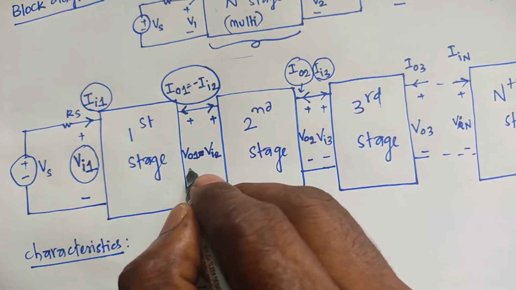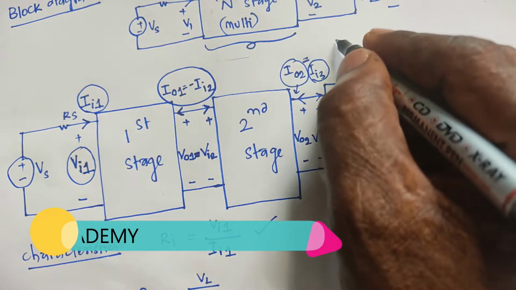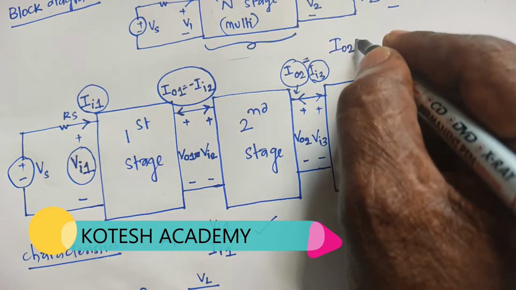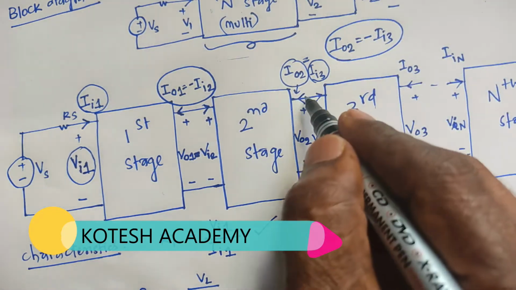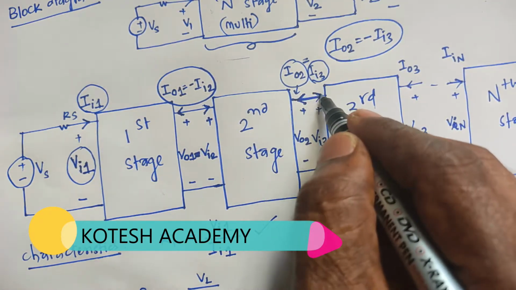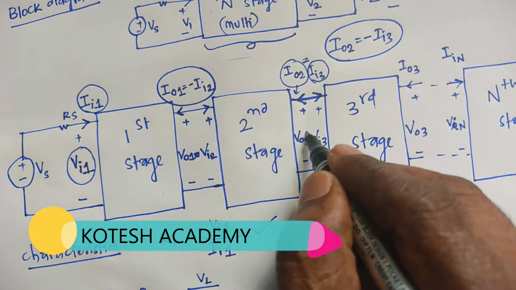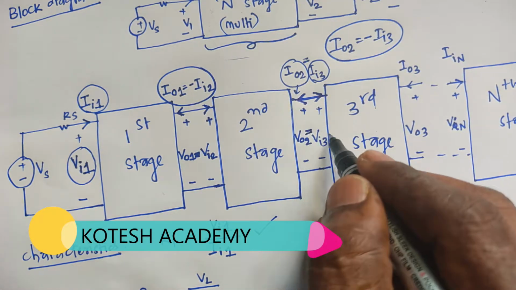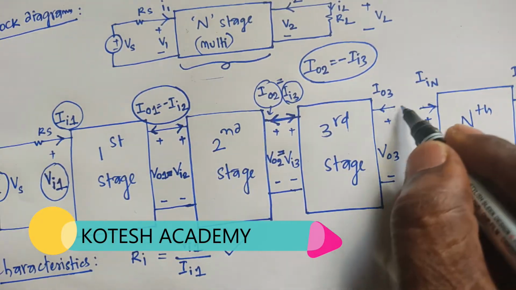Similarly, Io2 is equal to minus Ii3, since the currents are in opposite directions, one moving towards the left and the other towards the right. But Vo2 is equal to Vi3, because both are in parallel.